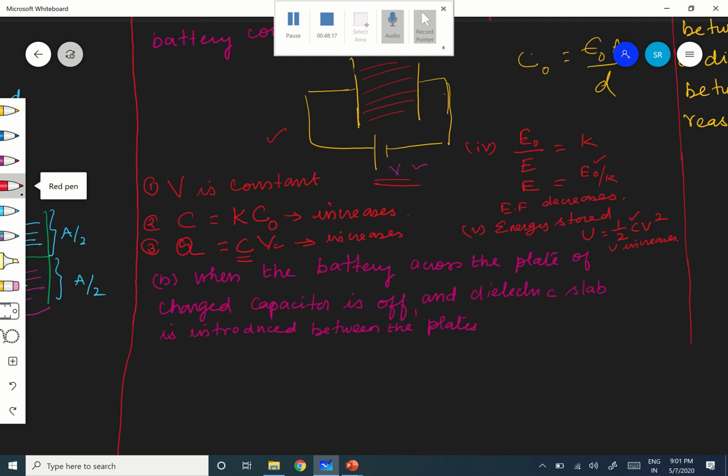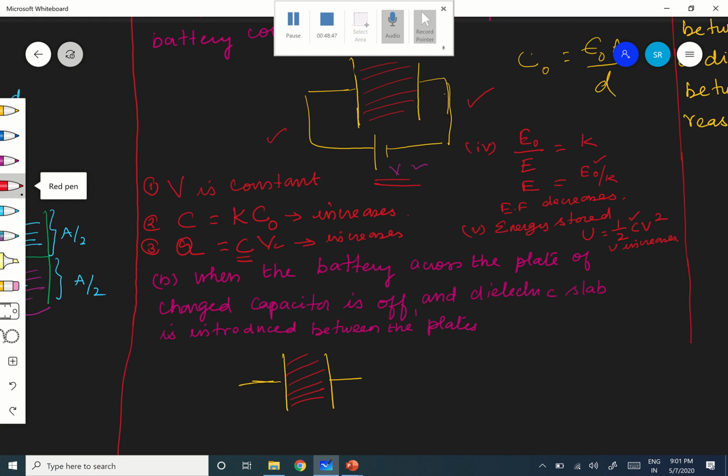Now, without the battery, I am introducing the dielectric. Therefore, this is different now. Before that, the battery was there. Now, the battery is not there. After switching off and taking the battery, I am introducing the dielectric. That is the difference between the first case and the second case. Are you following?